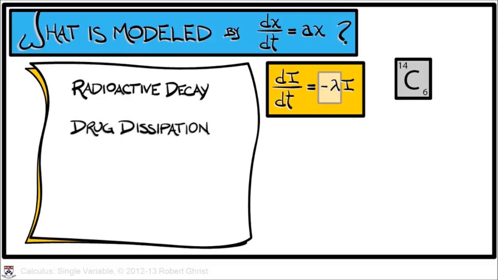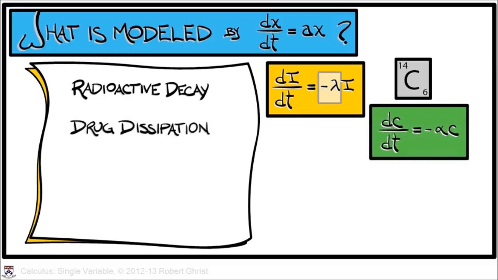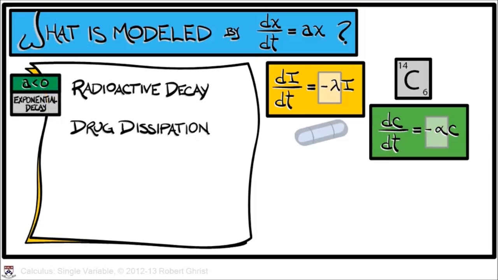Likewise, if you look at the amount of a drug or medicine that is in a body, this changes over time according to the same differential equation, though perhaps with a different constant of decay. Both of these have negative coefficients and thus connote an exponential decay.